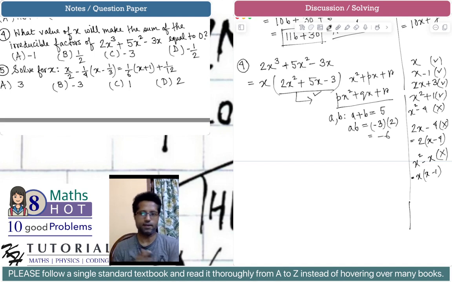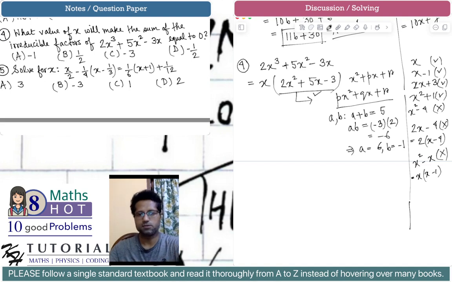So we have to find constants a and b such that a plus b is equal to 5 and ab equals minus 6, and clearly we can say that a is equal to 6 and b is equal to minus 1.